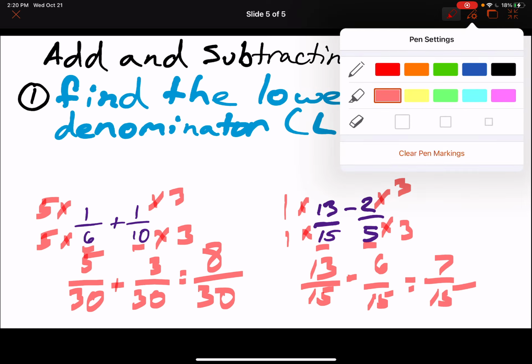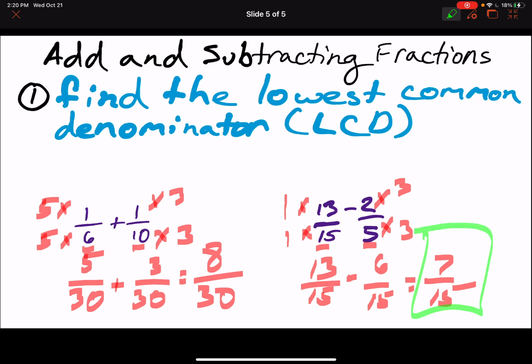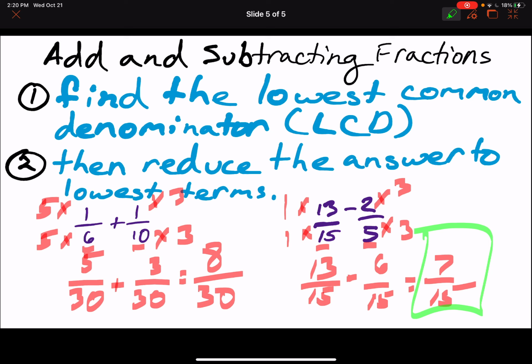Now, if I have a quick look here, is this in its lowest form? That's our next step: reduce the answer to your lowest terms. Have I done that? Yes, I have, because the only factor that can go into both is 1. If I look over here, is this reduced to its lowest terms?